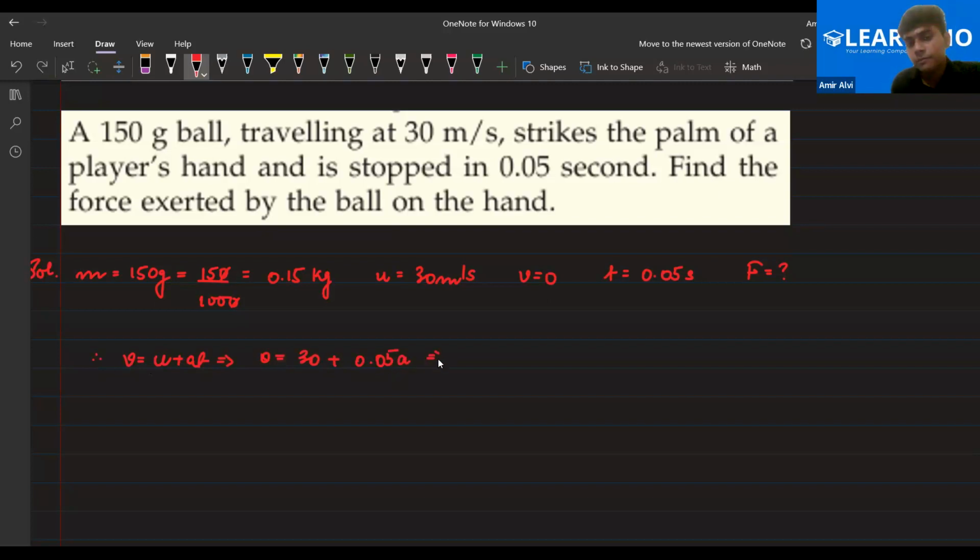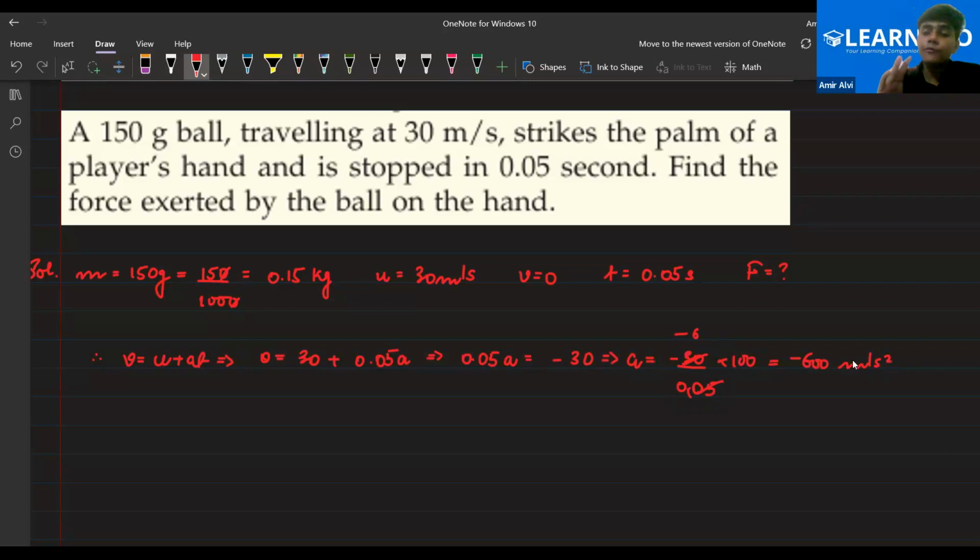So a would be minus 30 divided by 0.05. The decimal will get cancelled, 100 will come here and cancel, so the acceleration is minus 600 meter per second square.